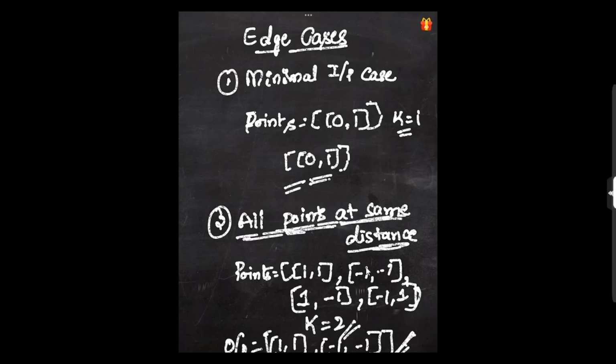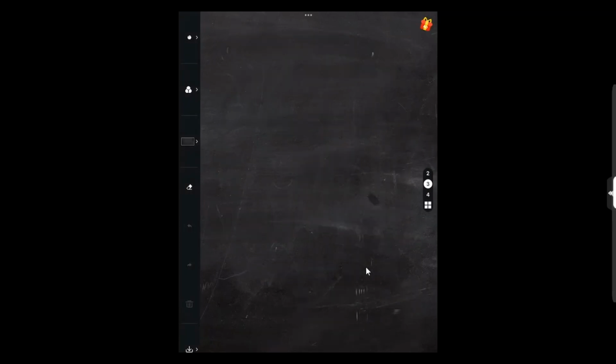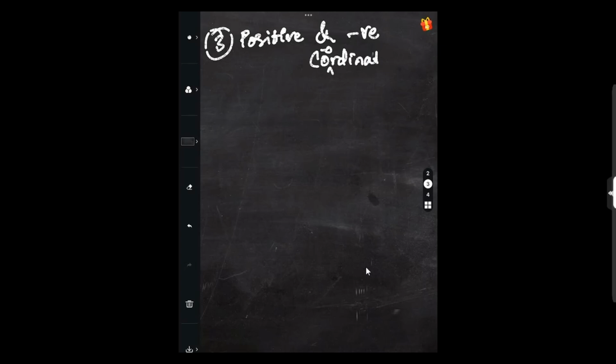Let's move on with the third edge case or the final edge case here. Negative and positive coordinates. This is for the condition positive and negative or negative and positive coordinates. Coordinates, right? So this is fine. Negative and the positive coordinates here.